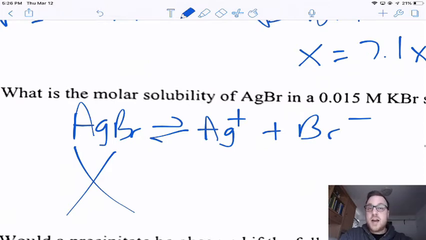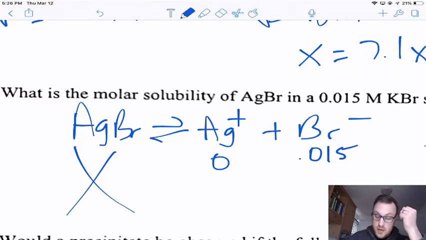They're solid ionic compounds. So we will always ignore them when we are doing these ICE tables here. Silver is going to be 0. However, the bromide ion is going to be 0.015 because we have a common ion. We have mixed it with another salt that is soluble that has an ion in common with the salt that we're concerned with.